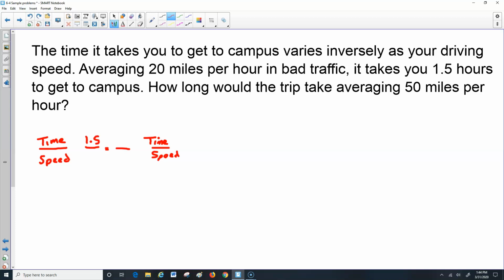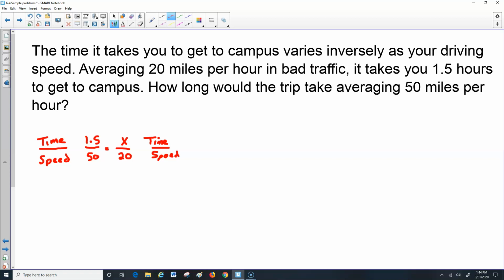Now if this were a direct variation problem, we'd put that 20 right underneath the 1.5. But because it's inverse variation, the 20, which is a speed, is going to go in the denominator of the other fraction. And we want to know how long it would take, so we want to know a time when we average 50 miles per hour.